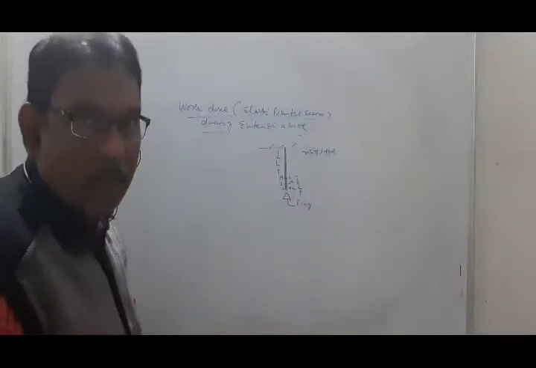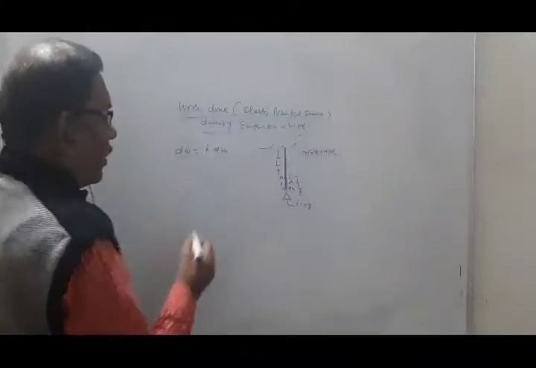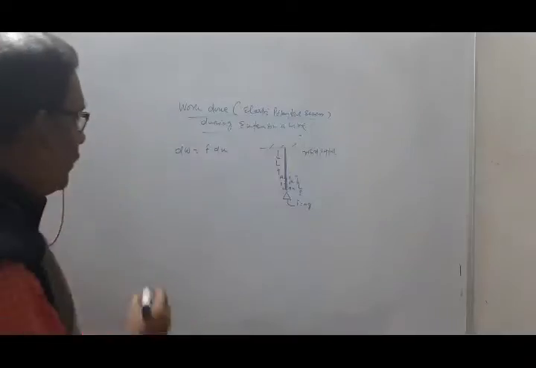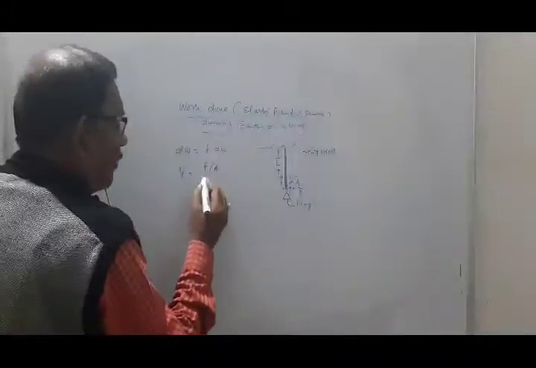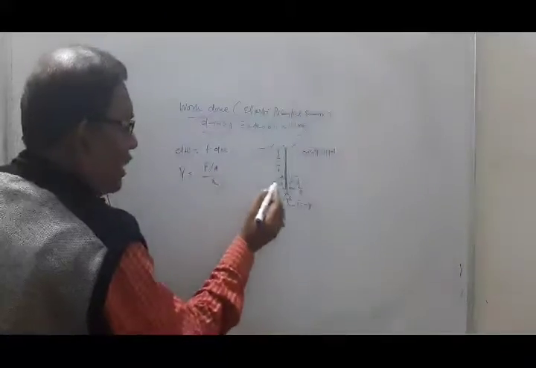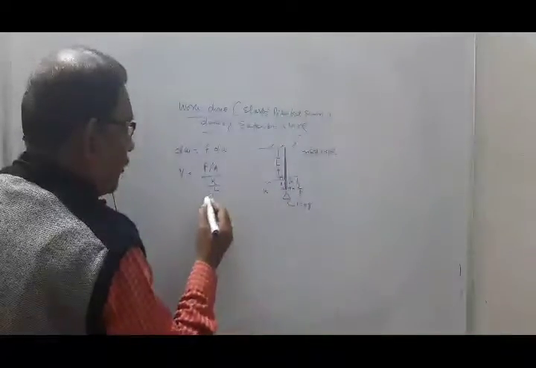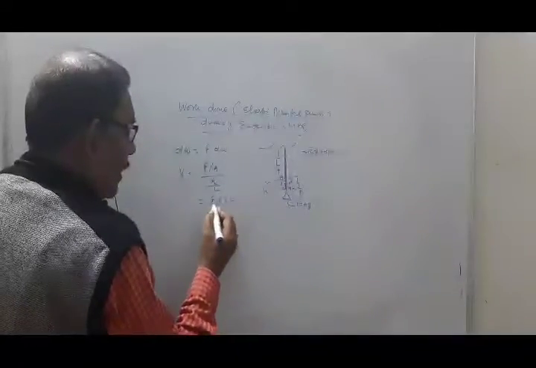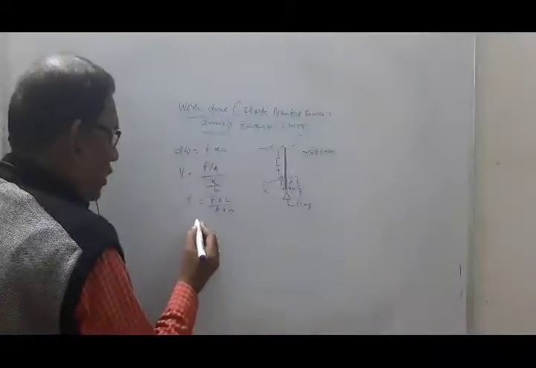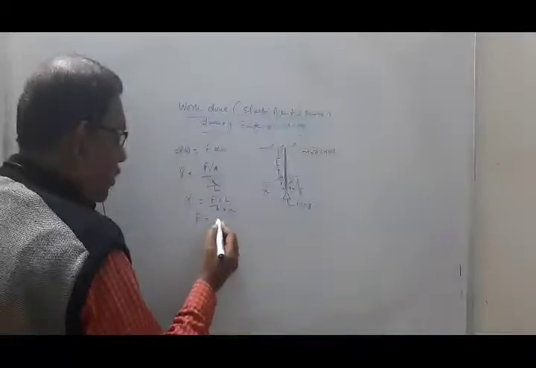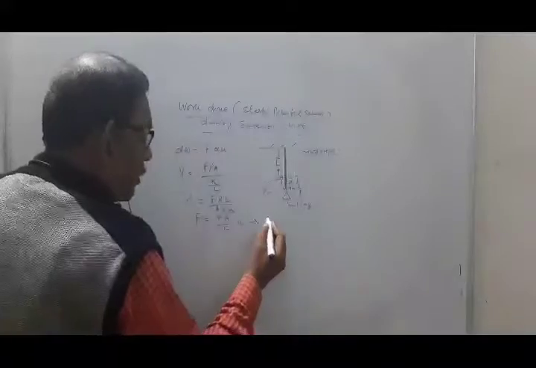So what is the work done here? Look here. dW is equal to F dx. So what is the value of F? You know that the Young modulus equals F by A divided by the extension X over the original length L. So Y equals F into L by A into X. F is equal to Y A by L into X. Equation 1.